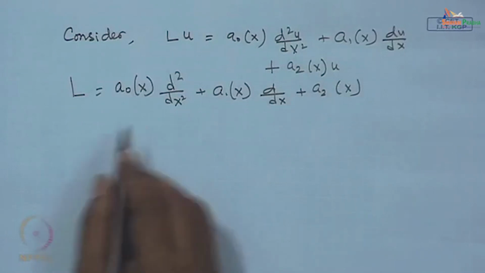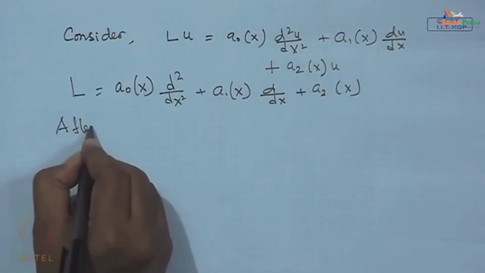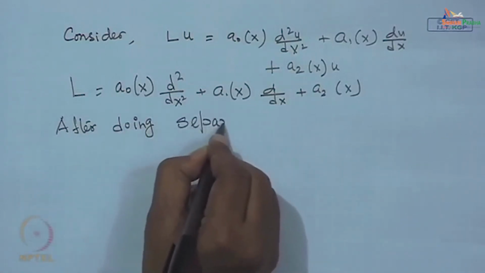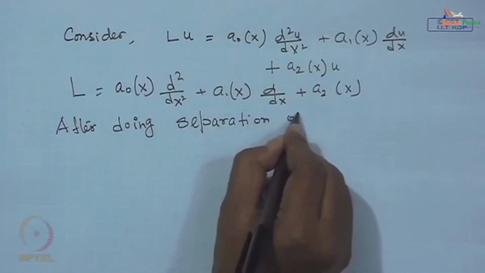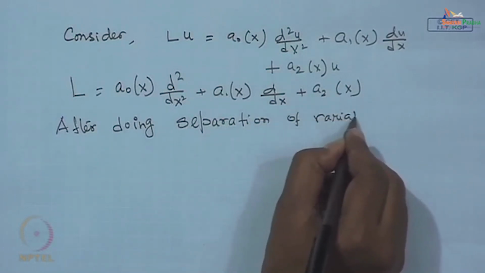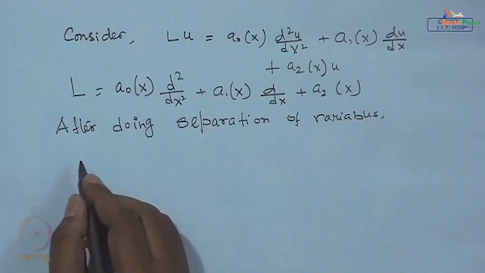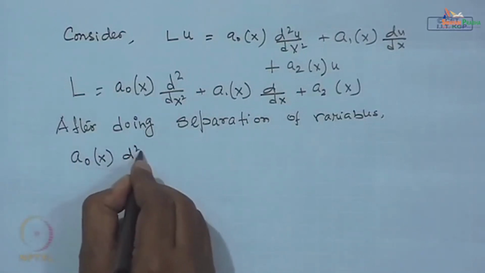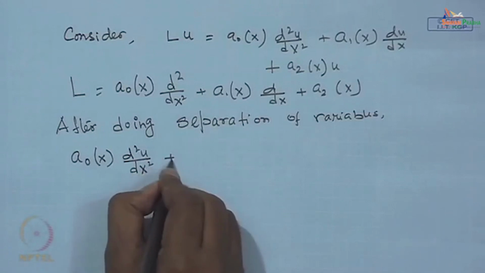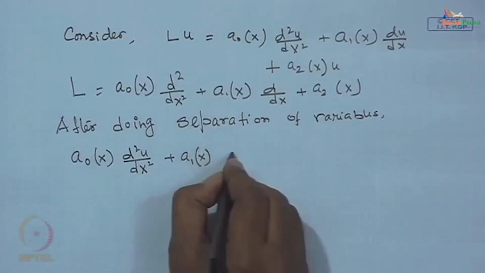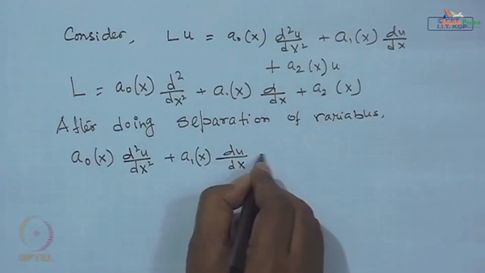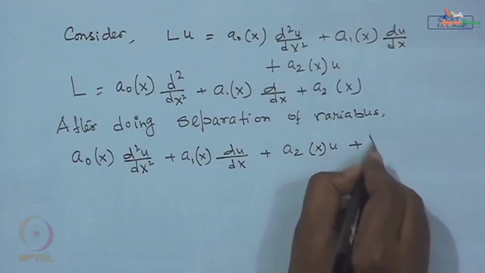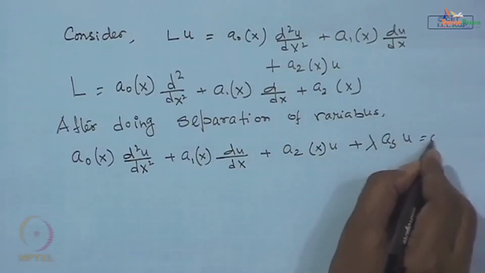Now, after doing separation of variables, we will be getting an equation something like this: a 0 of x d square u d x square plus a 1 as a function of x d u d x plus a 2 as a function of x u plus lambda a 3 u is equal to 0.